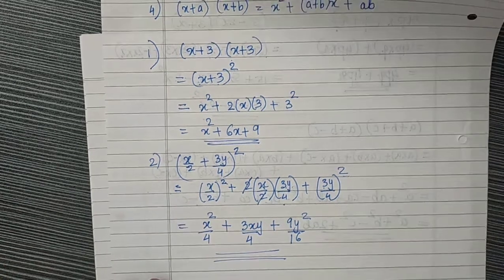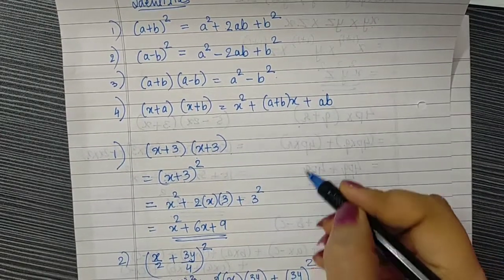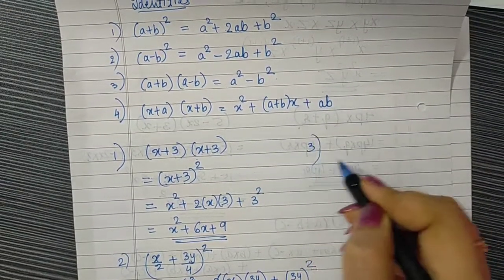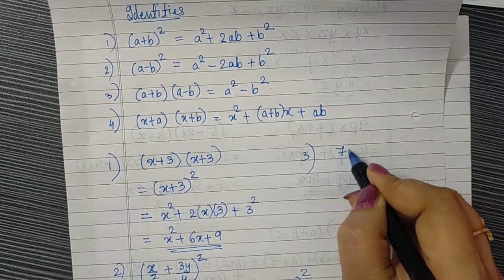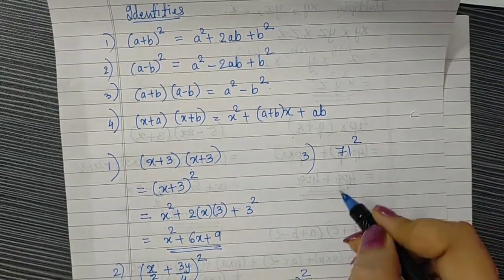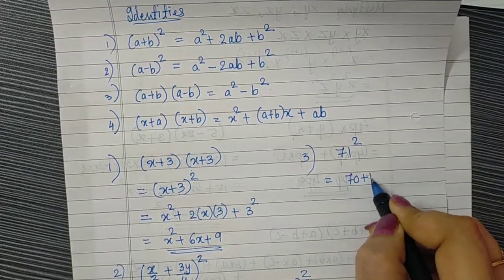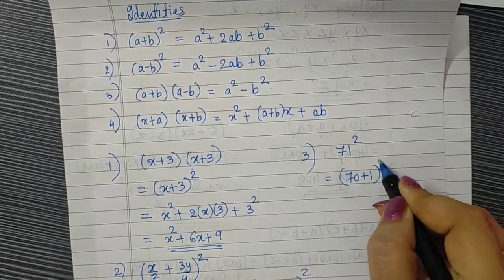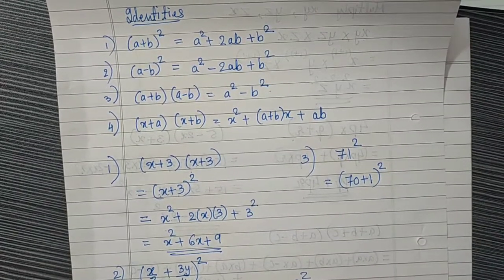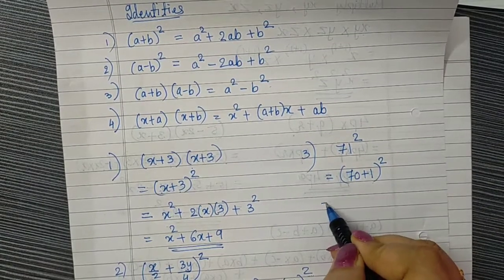Okay. Now I will give you one more sum related to this identity. Suppose it is given to us as 71 square. Right. Now can I write this 71 as 70 plus 1 and then I put square on the bracket? Right. Now you can see here we can use the first identity.